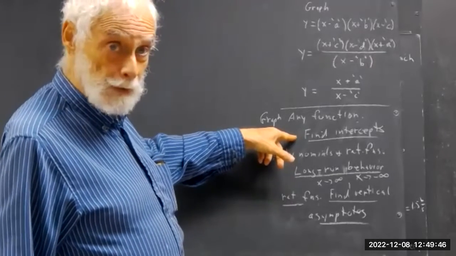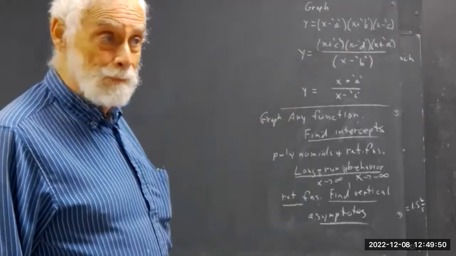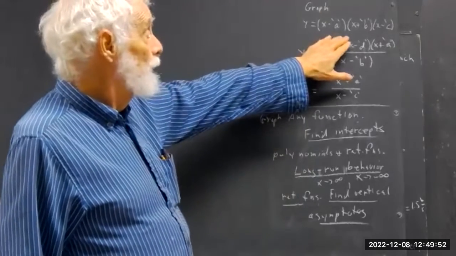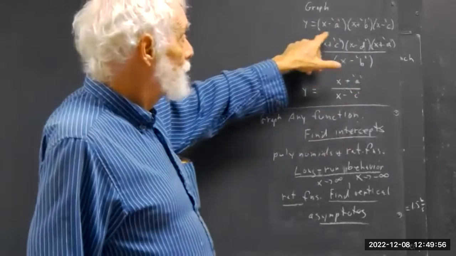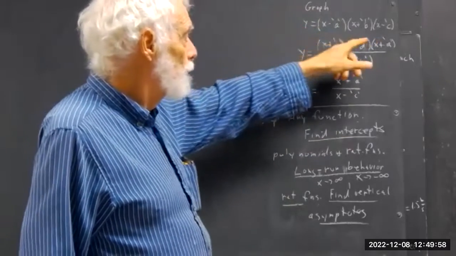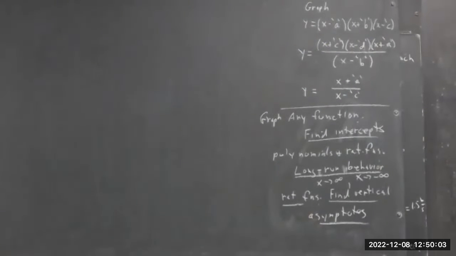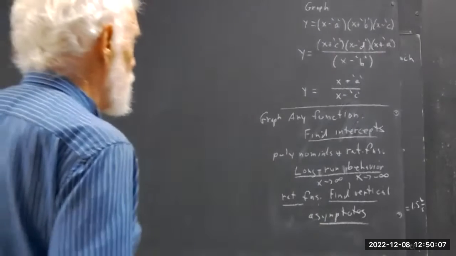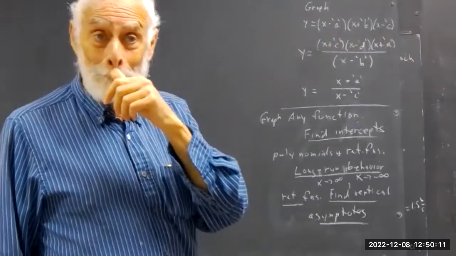How do you find x-intercepts? You let y equal 0. Now, look up here. How would you find one value of x that makes y equal 0? Well, it's easy to do. What you really want to do is write out an equation, set this equal to 0 and then find the solutions.